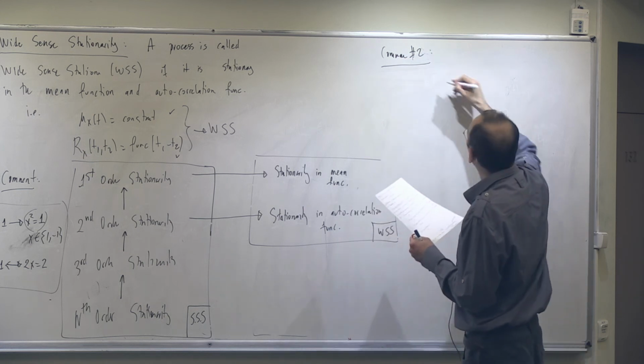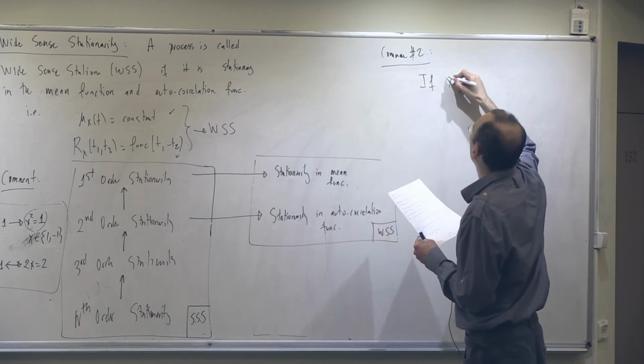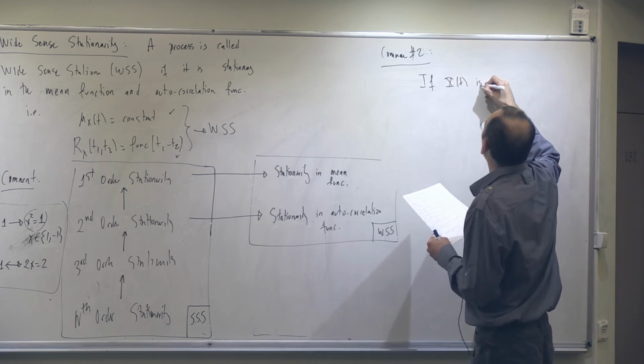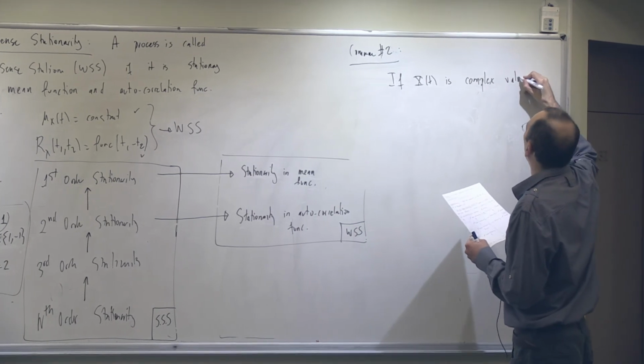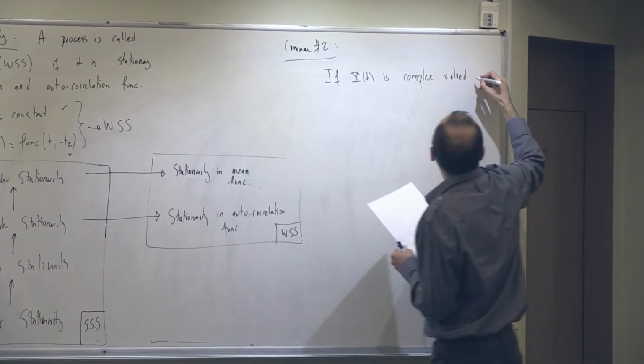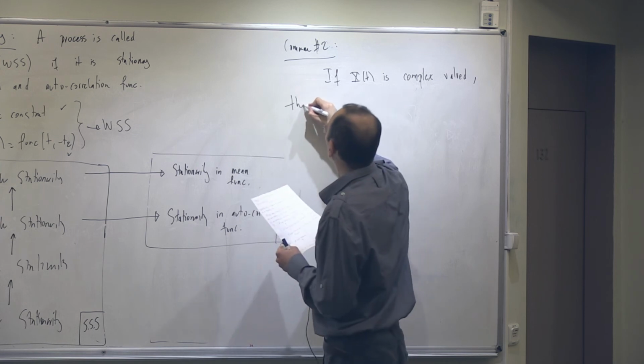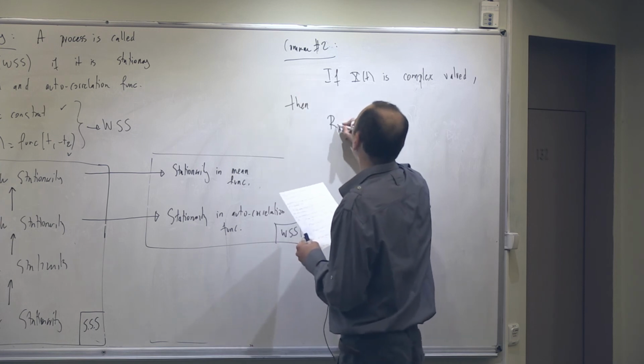So if process x of t is complex valued, well, as you see, there can be cases like that, then I will only write this.